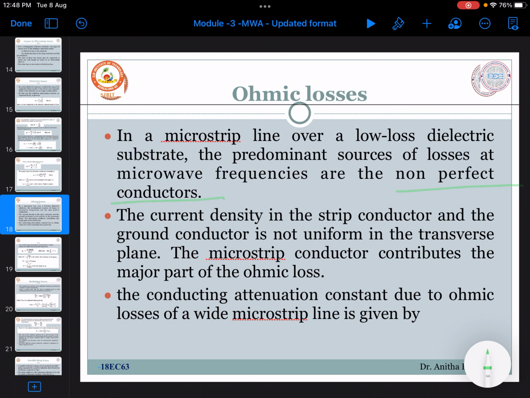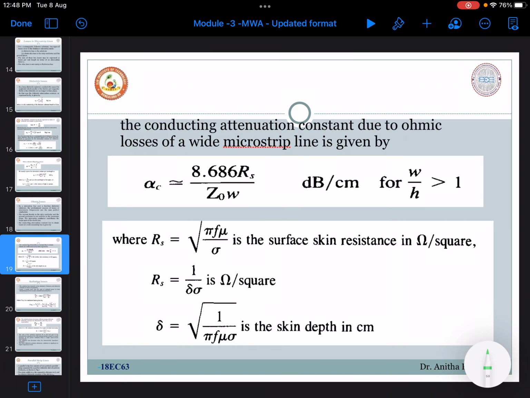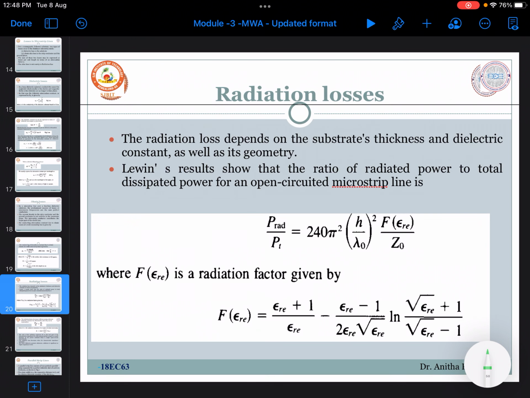Hence the conducting attenuation constant due to ohmic losses of a wide microstrip line is given by this formula, where Rs indicates the surface skin resistance, expressed as 1 by delta into sigma, where delta is the skin depth, which is square root of 1 by pi f mu sigma, inversely proportional to the frequency of operation, expressed in centimeters. By substituting these two, you can calculate the alpha c value.